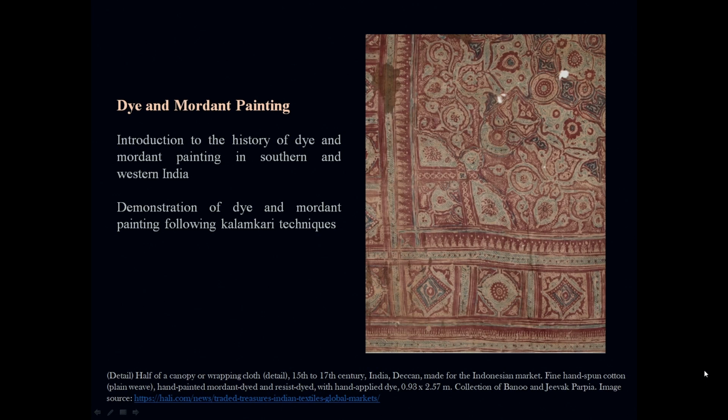Now what we also see here are some of the issues which usually come up in the history of making painted and mordant painted textiles: in what context those are produced, and whether one kind of image making predates the other or not.